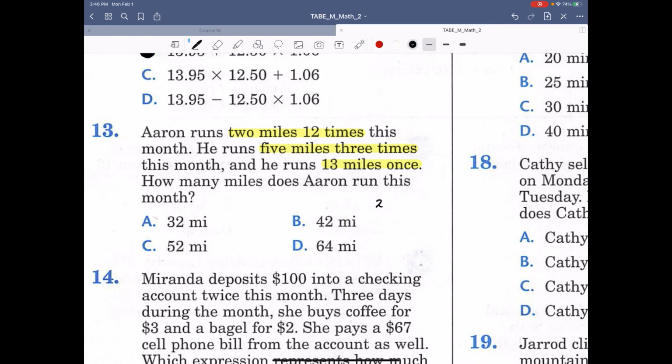He does 2 miles 12 times, and 5 miles 3 times, and 13 miles 1 time. Multiply before you add. So 24 plus 15 plus 13. Now you're ready to add those 3 numbers up, and you can use your calculator. That is 52 miles. And that is C.